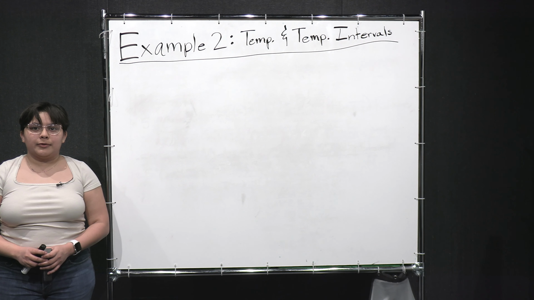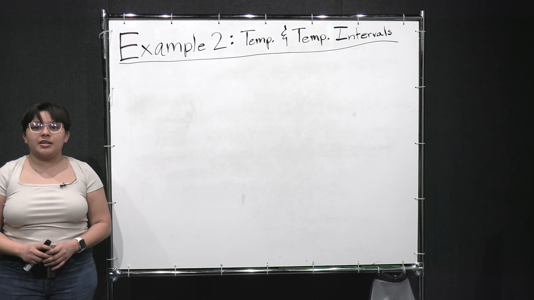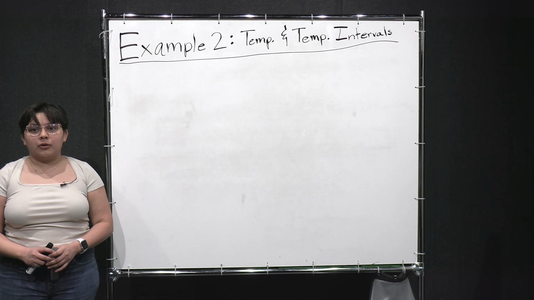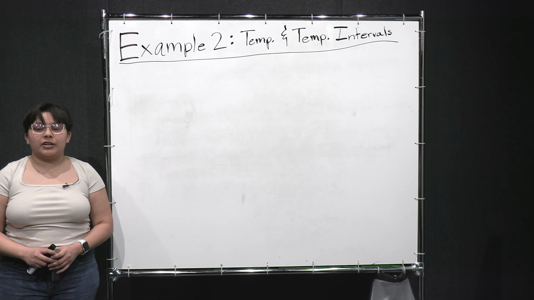Now for one more example. The heat capacity of an object is the amount of heat energy required to raise the temperature of a unit mass or unit mole by 1 degree in the temperature unit of interest.